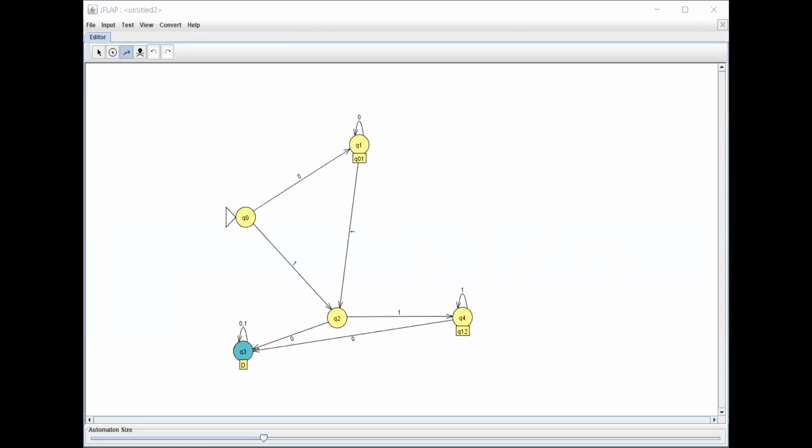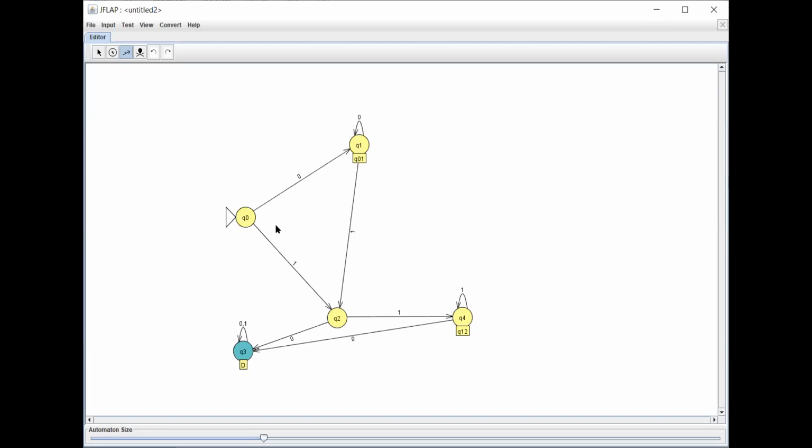Now please observe, finally we have reached the state where we have defined transitions for each and every one.